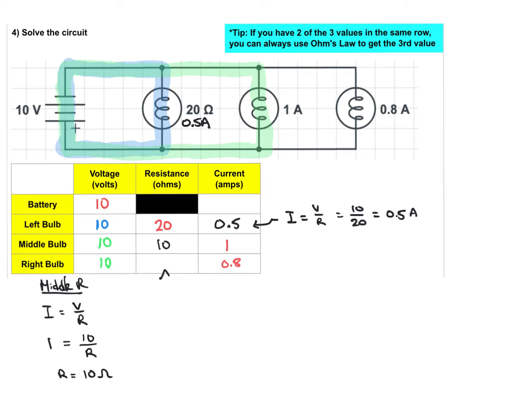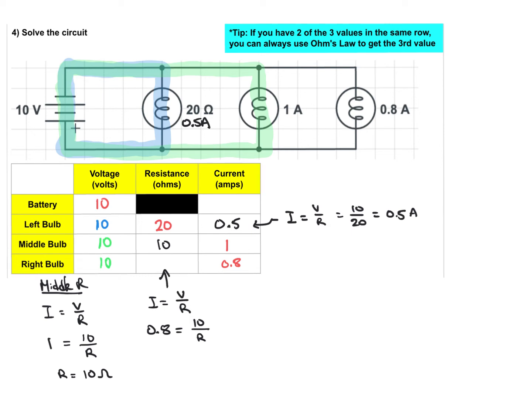And also this resistance for the right bulb, same sort of thing. I equals V over R. This time for the right bulb, the current given is 0.8 amps equals 10 volts divided by something. So 10 divided by something has to equal to 0.8 this time.